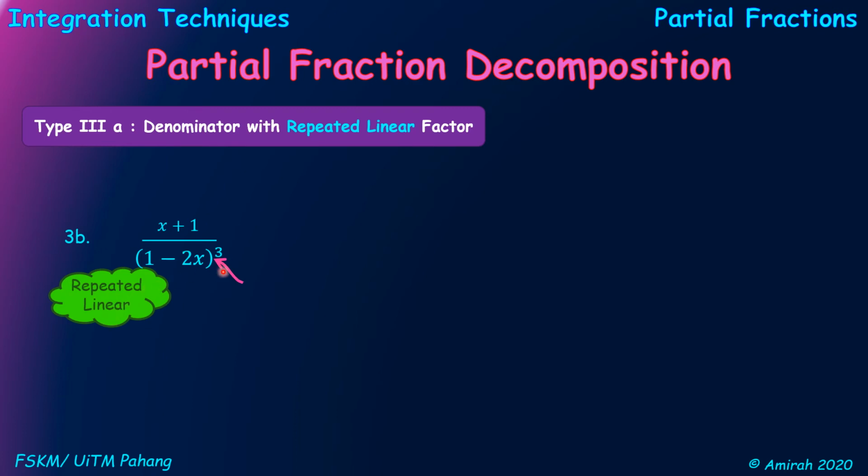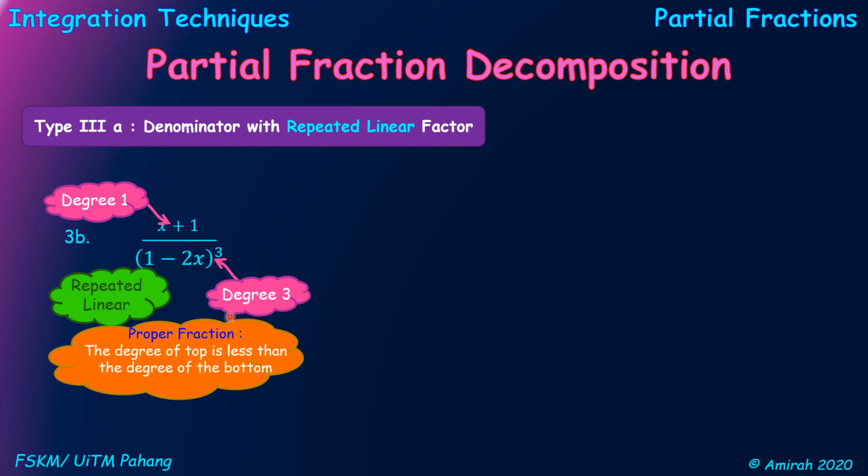When we expand, we have degree 3 in the denominator and in the numerator we have degree 1. So this is also a proper fraction because the degree of the top is less than the degree of the bottom. So when we have a proper fraction, we can express it as the sum of partial fractions without doing long division.